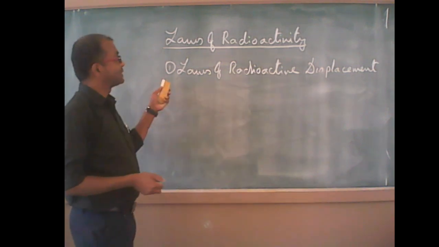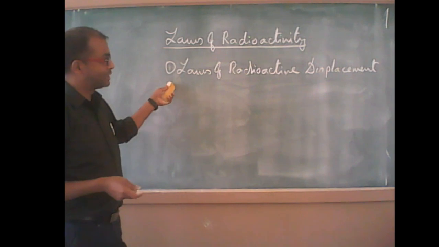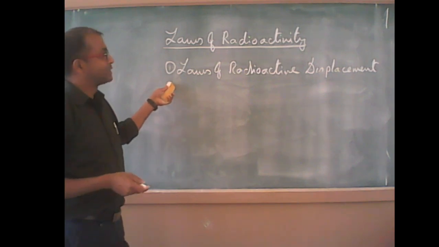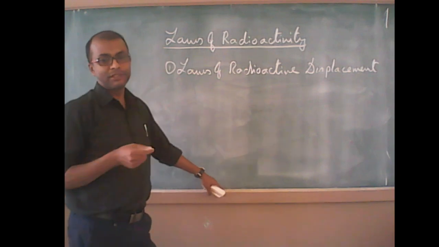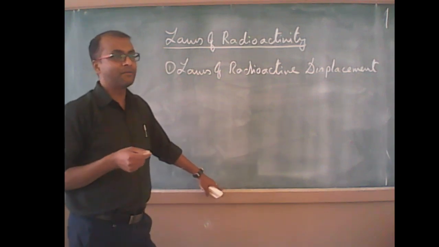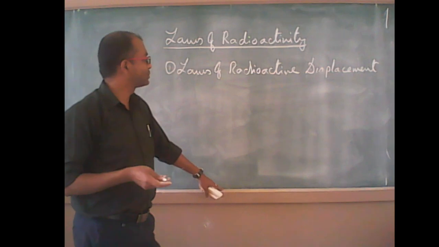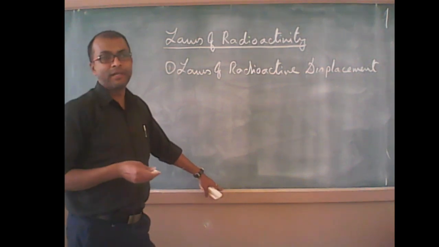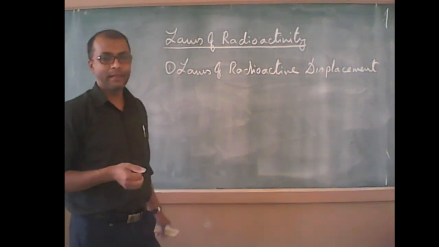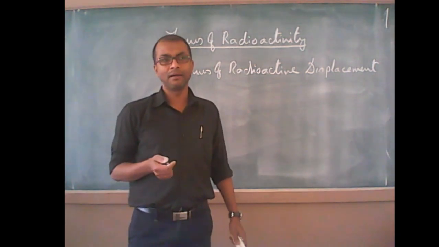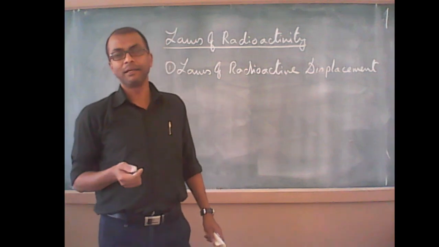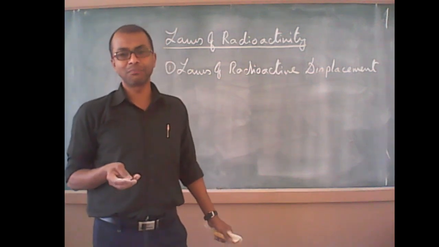First, let's discuss what is the law of radiative displacement. Displacement here means the displacement in the position of the element in the periodic table. That's why we call it the laws of radiative displacement. When a radioactive nucleus or an element emits alpha and beta particles, its position in the periodic table displaces.